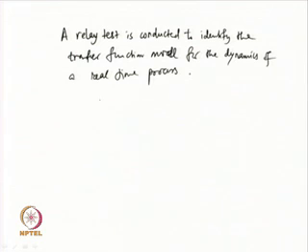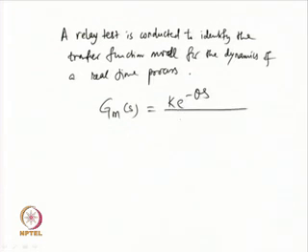And we have found the plant dynamics given by the transfer function model G M s is equal to K e to the power minus theta s divided by (T1 s plus 1) times (T2 s plus 1).